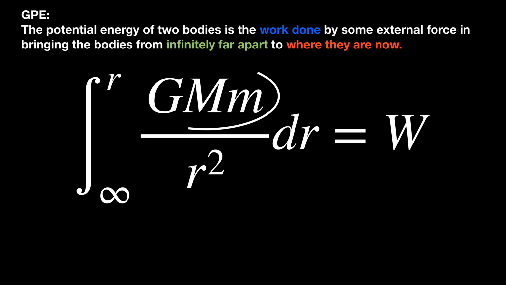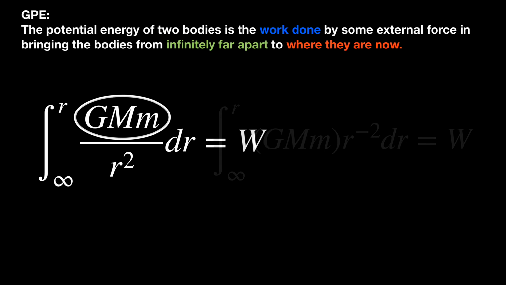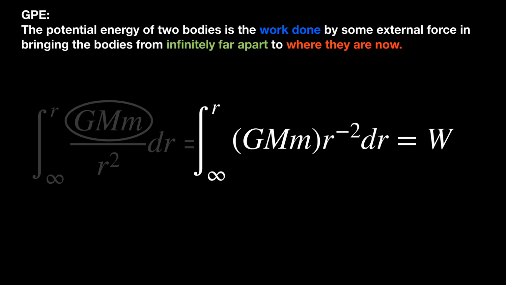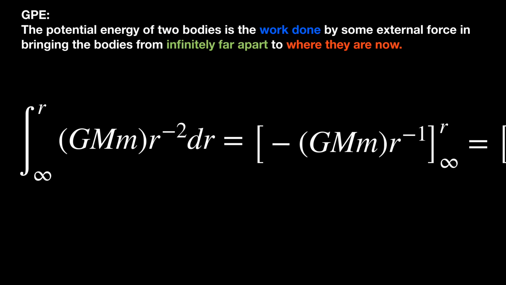Alright, in any case, let's evaluate this integral. All this stuff up here in the numerator is just a constant, and dividing by r squared just means multiplying by r to the negative 2. So just raise the power by 1 and divide by the new power, and the integral is equal to negative GMm times r to the negative 1.